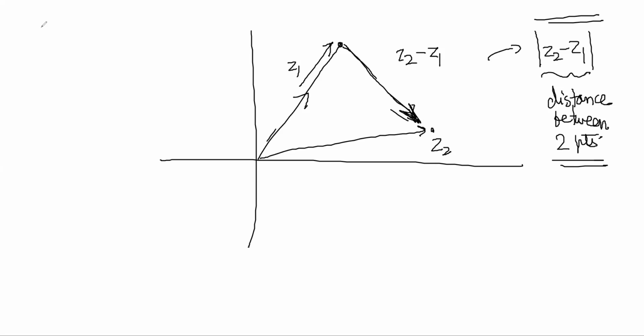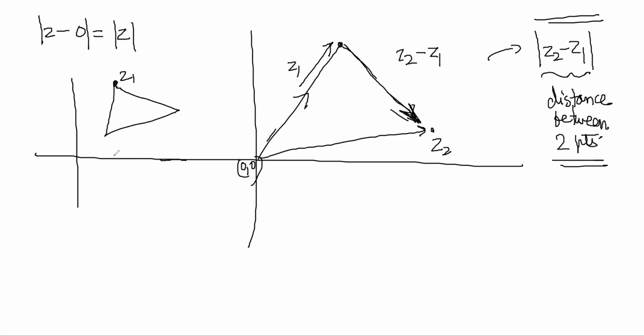That is why Z minus 0 was mod Z, which is the distance from origin, right? And any triangle or any figure that you have, you can always write all the distances now. Simply, if you have a triangle like this, Z1 is this vector, Z2 is this vector, Z3 is this vector. This distance is mod of Z3 minus Z1.